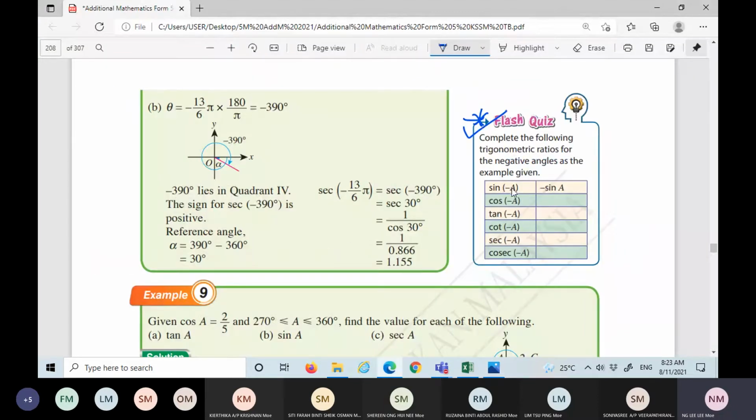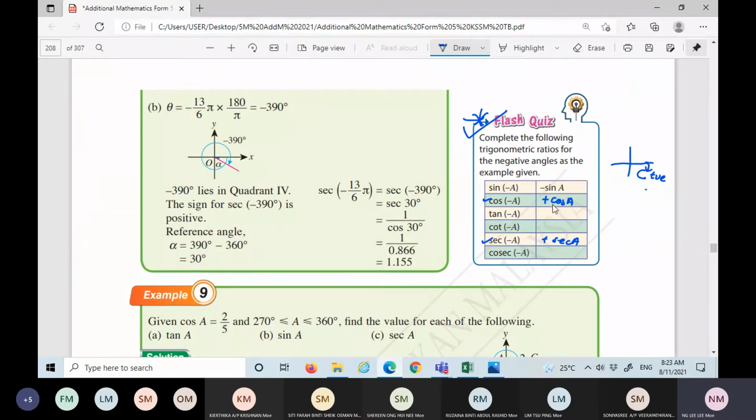Remember, if you have a negative angle, all are negative except cos and its reciprocal, sec. These two only are so special, these two only are positive. Why? Because cos is positive in the 4th quadrant, and your negative angle goes this way.